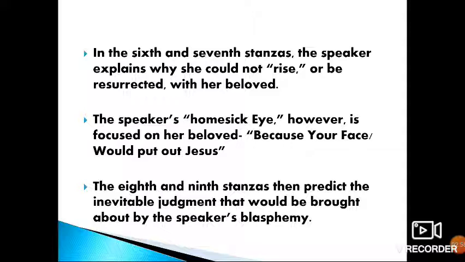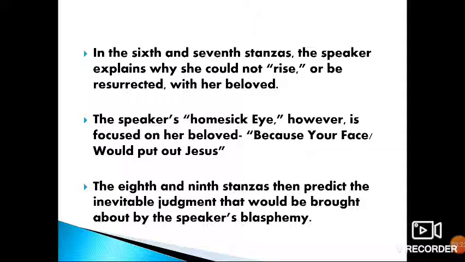The speaker's homesick eye, however, is focused on her beloved, because your face would put out Jesus. So the beloved not only is more central than Jesus to the speaker's life, but also entirely blots out the face of Jesus. That means she can see nothing beyond the face of the beloved. She sees only her lover everywhere.